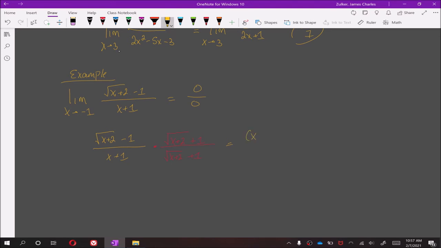Notice that the numerator will become x plus 2 minus 1, and the denominator will be left with x plus 1 times that square root of x plus 2 plus 1. Simplifying the numerator. Now the x plus 1's will drop out, as long as x is not negative 1, and we'll be left with 1 over the square root of x plus 2 plus 1.